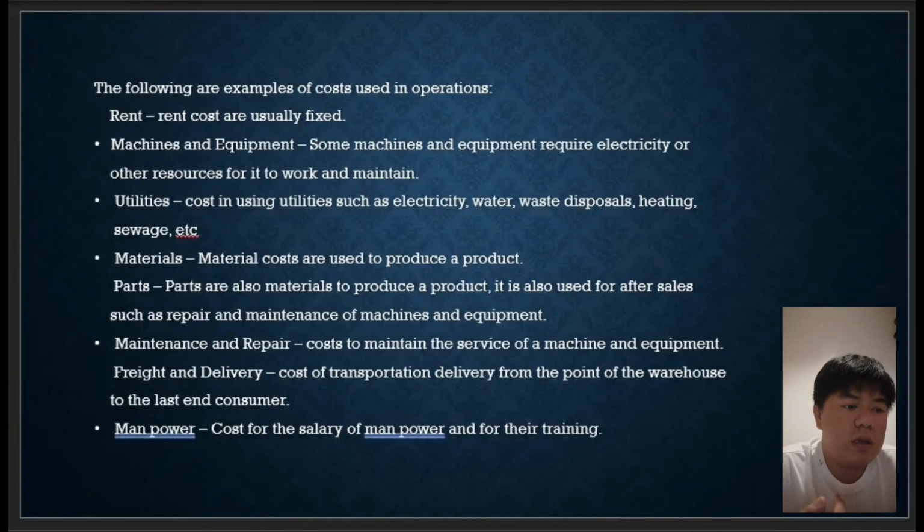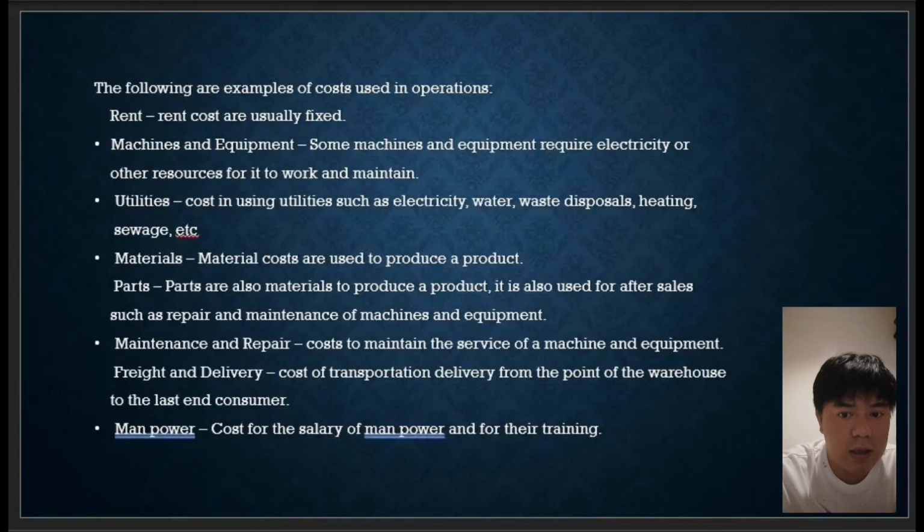And next one is freight and delivery. Cost of transportation, delivery from the warehouse to the last end consumer. So the last one is manpower. Cost for the salary of manpower and for their training.